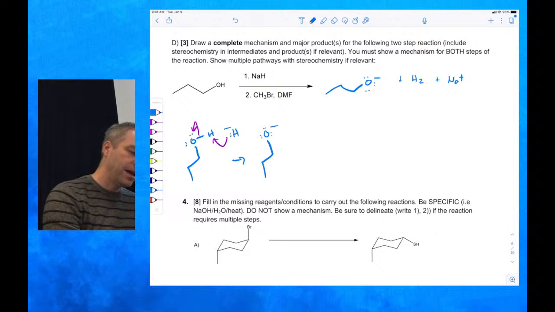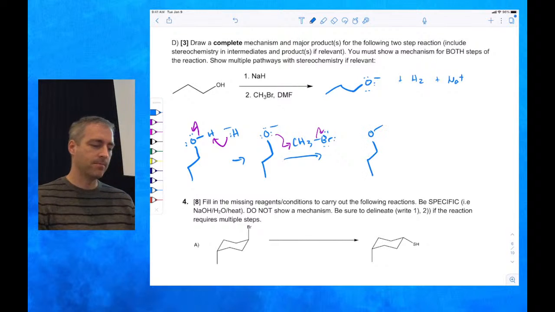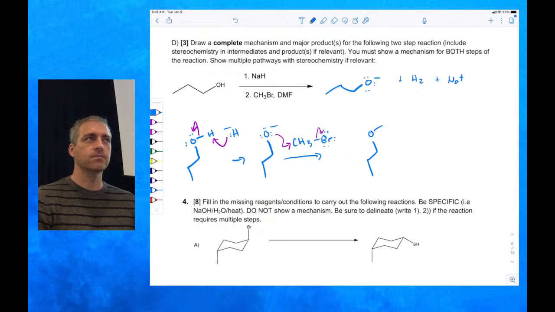And then we have the second step, this is going to do an SN2 like that. No stereochemistry, no multiple pathways. Pretty straightforward in this case.